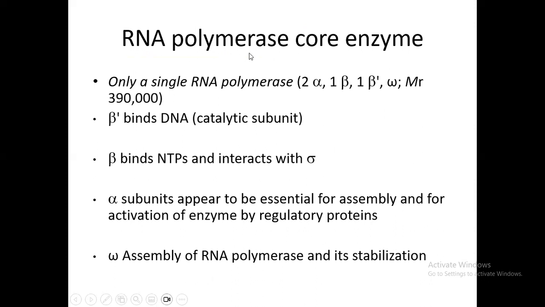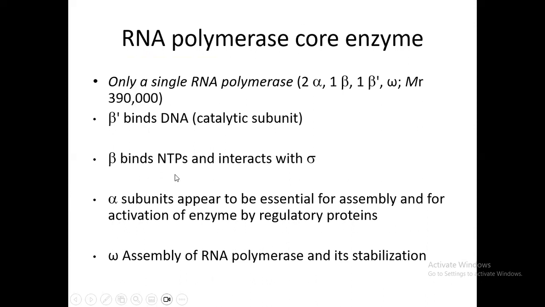So the RNA polymerase core enzyme is made up of 5 different subunits: 2 alpha, 1 beta, 1 beta prime, and 1 omega subunit. Of these 5 subunits, the beta prime subunit is the main catalytic subunit.